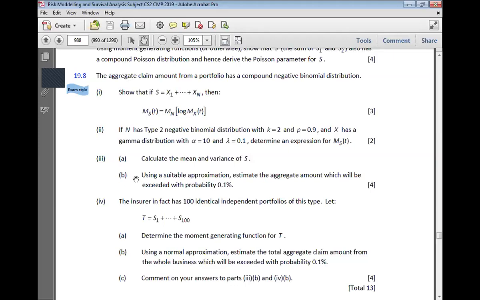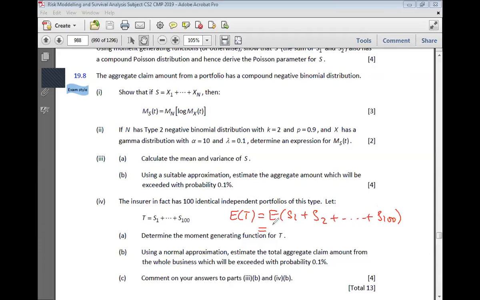You can just write 100 into S. Yeah, not exactly that. I think the best way to do that would be something like this. If you have expectation of T, you can write it as expectation of S1 plus S2 up until S100.